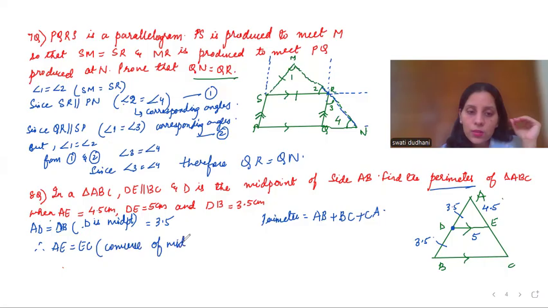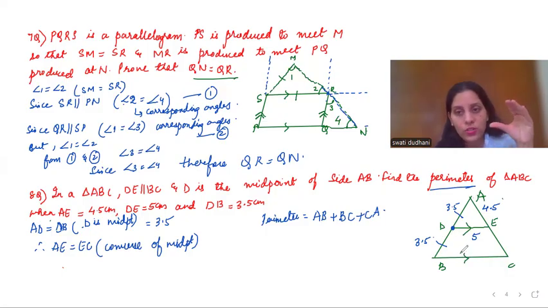What does converse midpoint state? If a line is passing through the midpoint of one side of a triangle parallel to the second side, then it also bisects the third side. That means AC is also being bisected. So AE and EC both will be equal to 4.5.